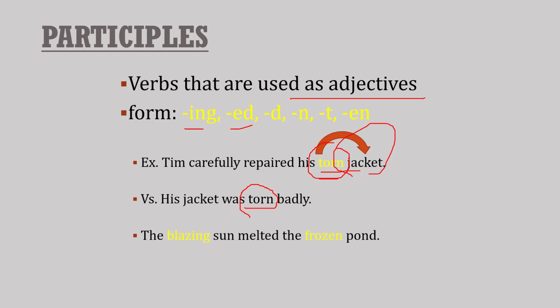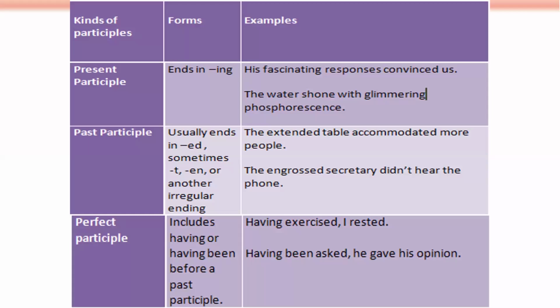Okay. The blazing sun melted the frozen pond. So we have the noun sun and pond. Adjective, blazing sun. Frozen pond. Okay? So the kinds of participles we have present, past, and perfect.